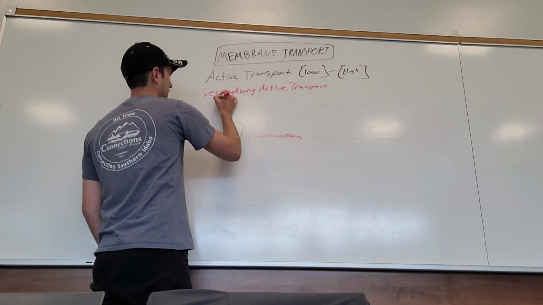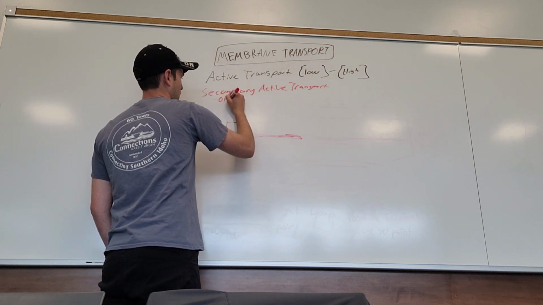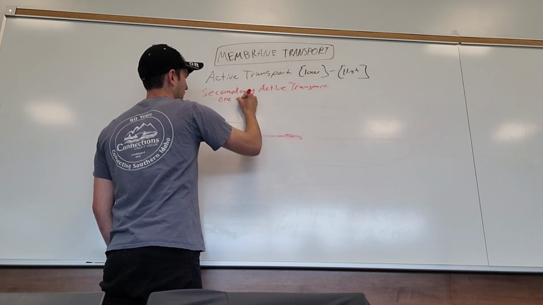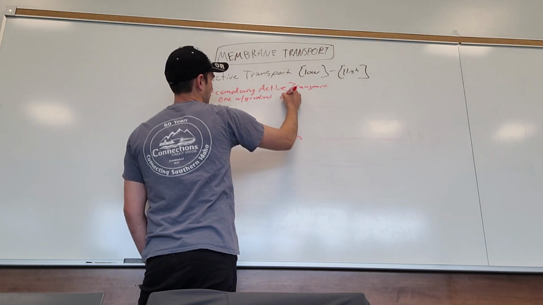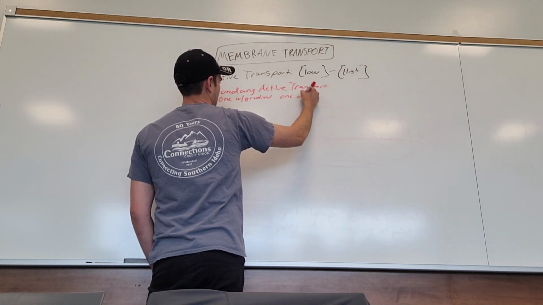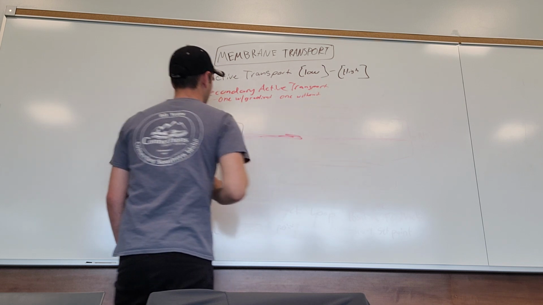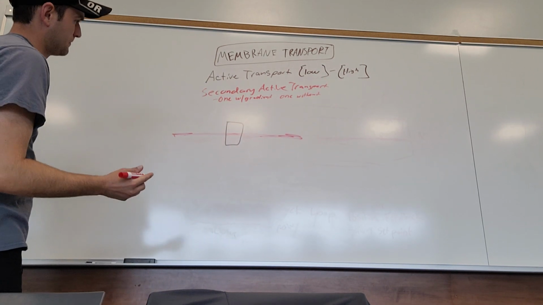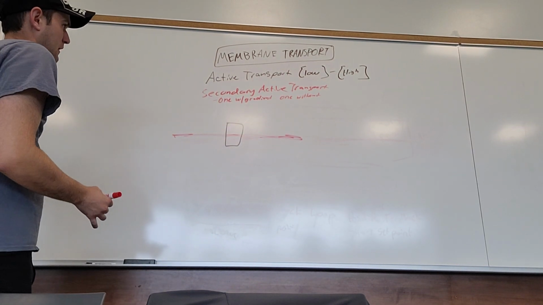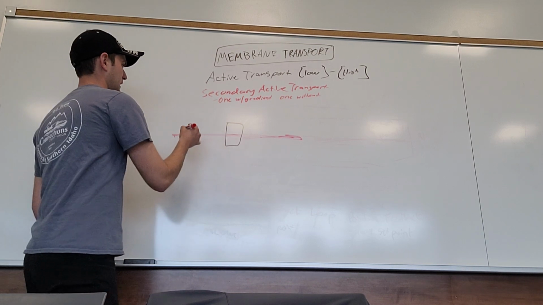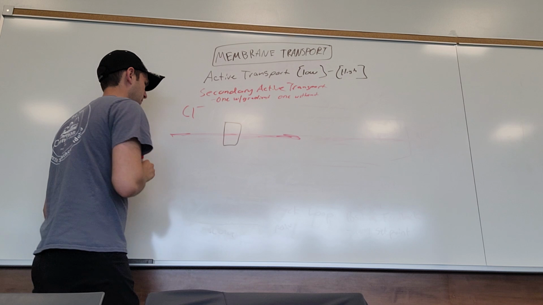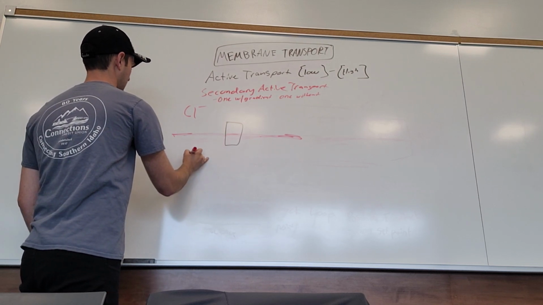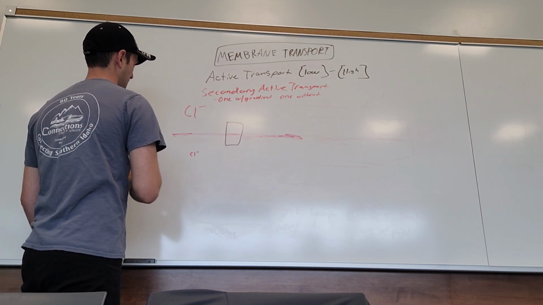So let's put a note here. We're going to have one with the gradient and one without. Just for kicks and giggles, we'll put chloride really high on the outside, and we have a little bit of chloride inside.